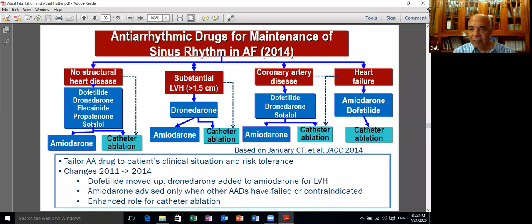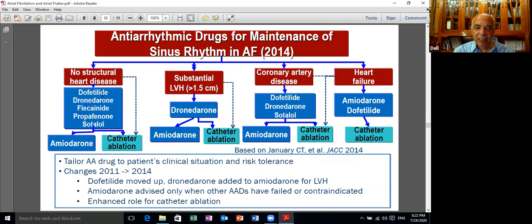It is never accompanied by torsades de pointes. I don't know why it's not approved in the United States so far, but this is the only difference between the antiarrhythmic drugs chosen for maintenance of sinus rhythm between the American and the European guidelines. Obviously, admitting the patient to give him a drug for 3 days in a monitored bed is going to be expensive and is unsubstantiated by logic.